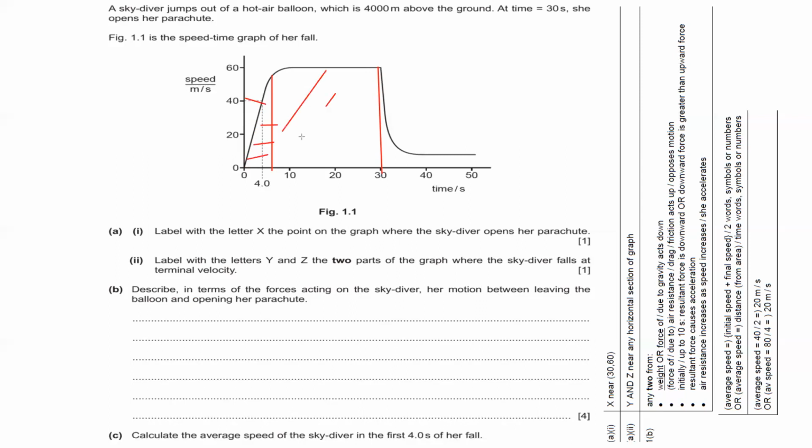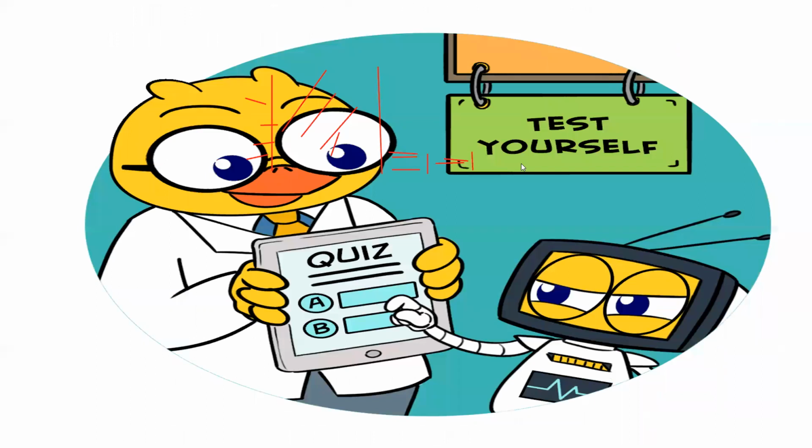A triangle is there, rectangle is there, trapezium is there, and another rectangle. So this is how you will divide and get the total distance, and total distance over total time gives you the average speed. So it depends on the question. Is it clear?